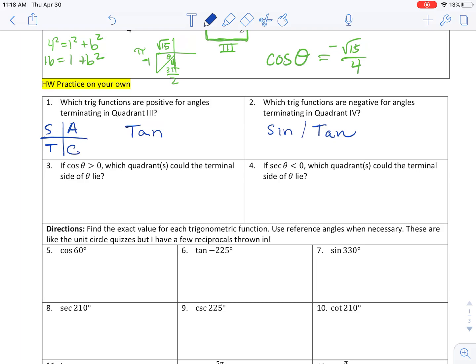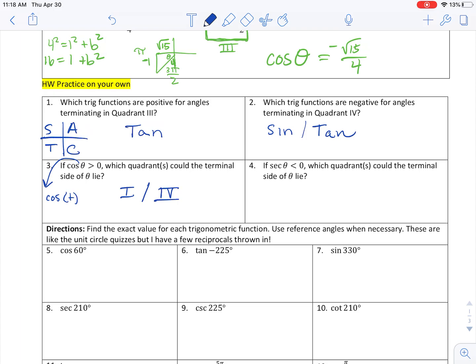This asks if cosine is greater than 0. That essentially means cosine is positive. Which quadrants would the terminal angle lie in? Cosine is positive in quadrant 1, because everything's positive in 1, and quadrant 4.